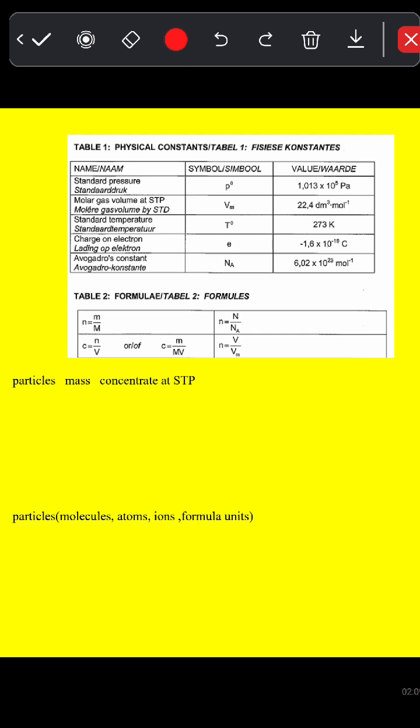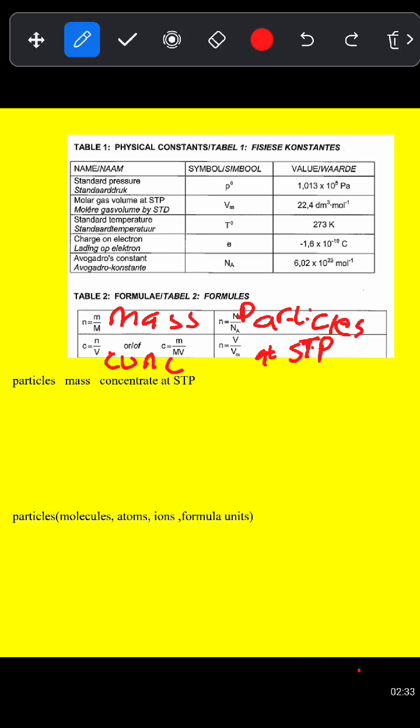So this is your information sheet. I encourage learners to go to the information sheet and write here in this column: particles.